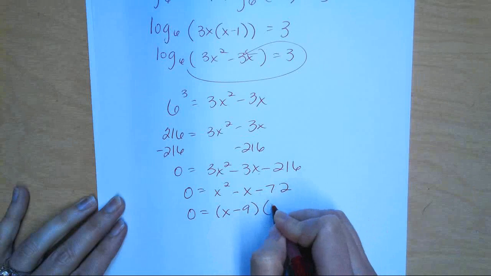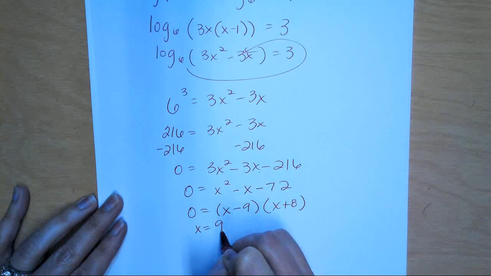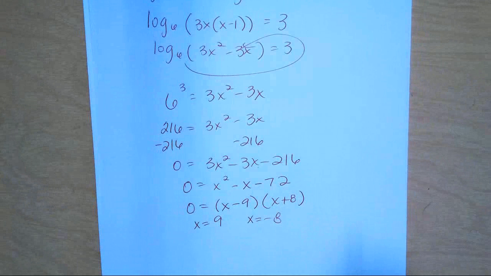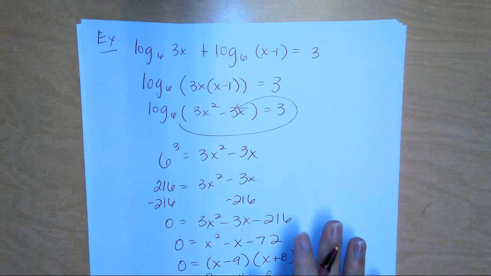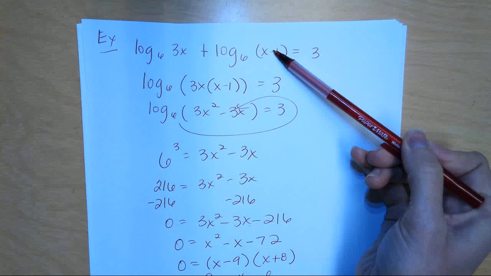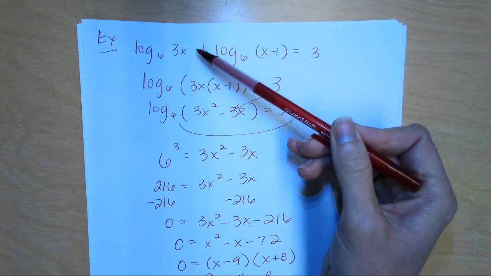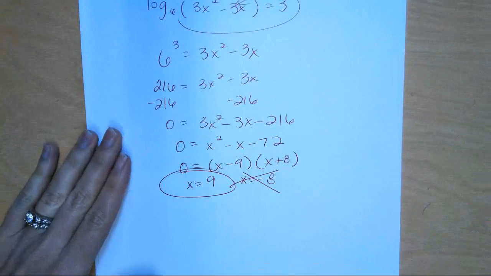X minus 9, x plus 8, which is going to make our solutions x equals 9, x equals negative 8. Do they both work? Going back to our very original expression, if you plug in 9, you get positive, positive, so that's good. If you plug in negative 8, you get negative. So this is extraneous. This is the only solution.